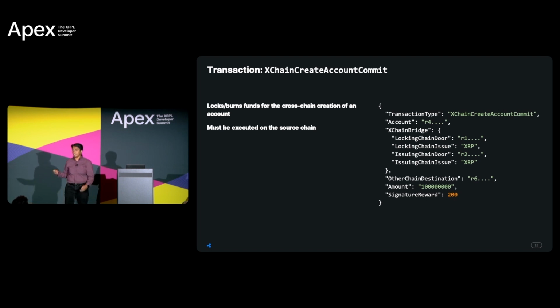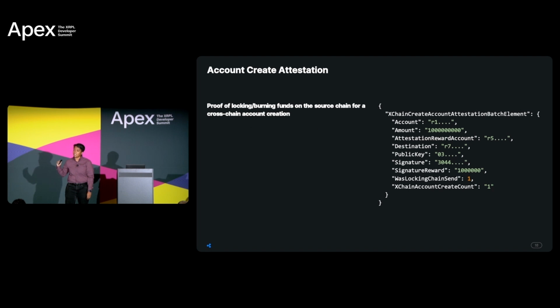And this is another transaction that the witness servers are listening to. And so this is what those attestations look like. It's pretty much the same thing. The only difference is the exchange account create count, and that's basically the equivalent of the cross-chain claim ID for account creation. And those happen a little differently.